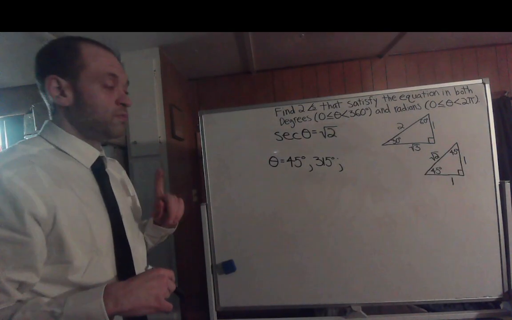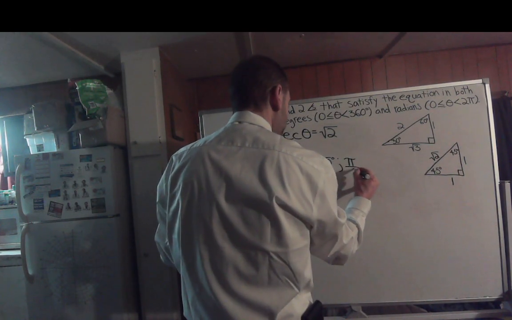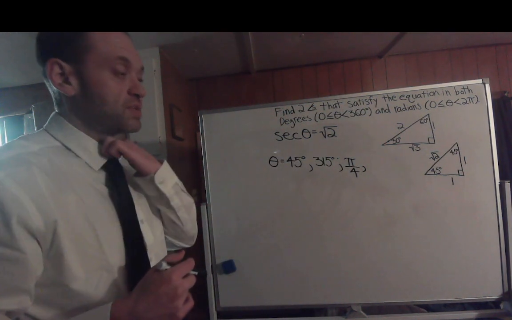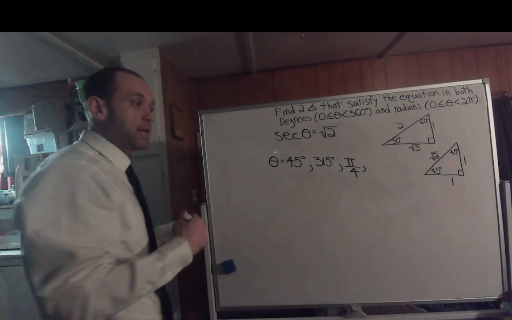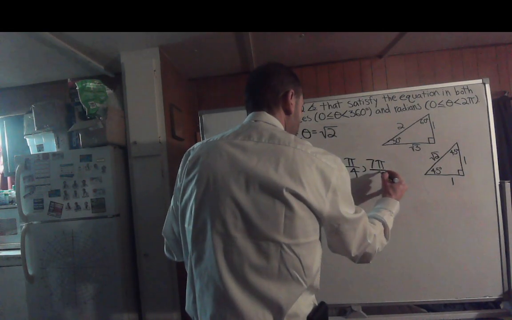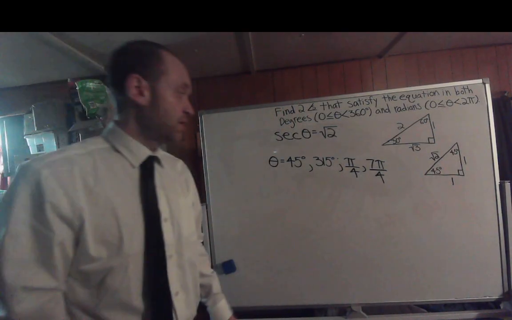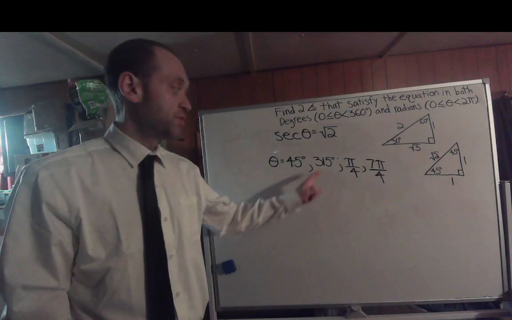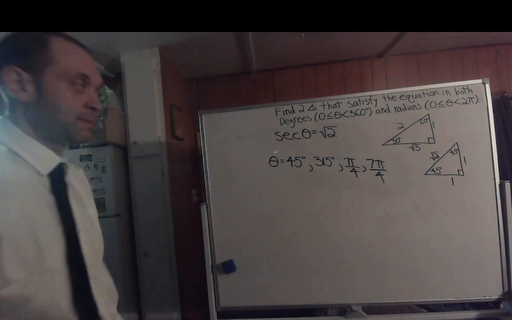So 45 degrees itself is pi over 4. And then the 315 degrees, so take pi over 4 away from 2 pi, you end up getting 7 pi over 4. So the two angles that you should get are 45 degrees or pi over 4 radians and 315 degrees or 7 pi over 4 radians.